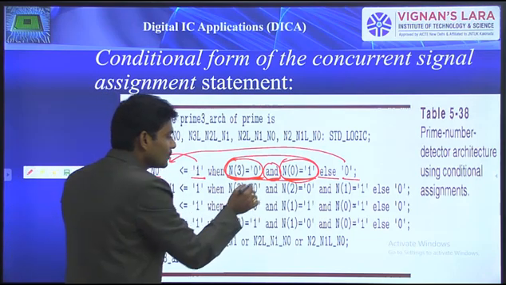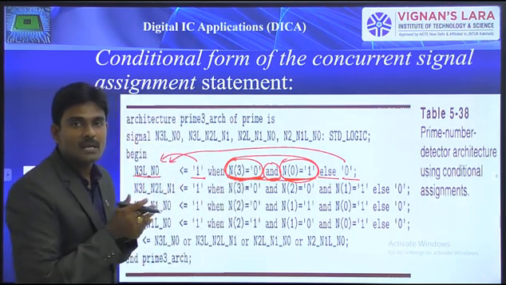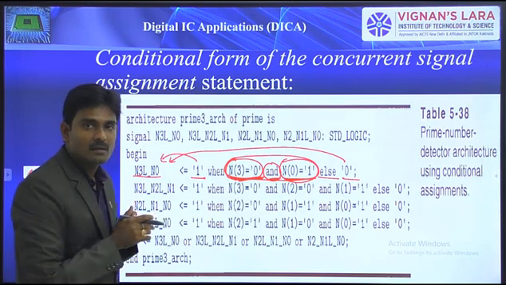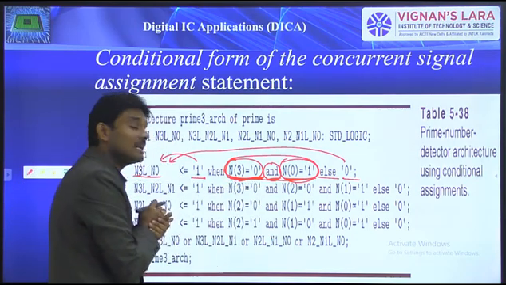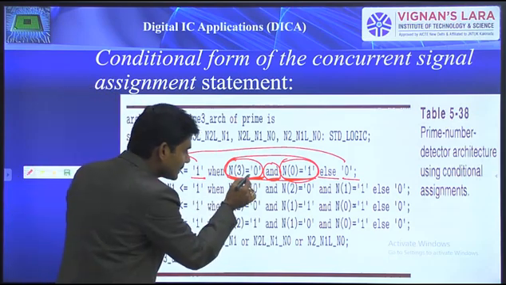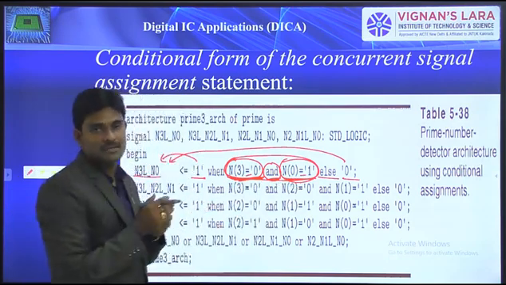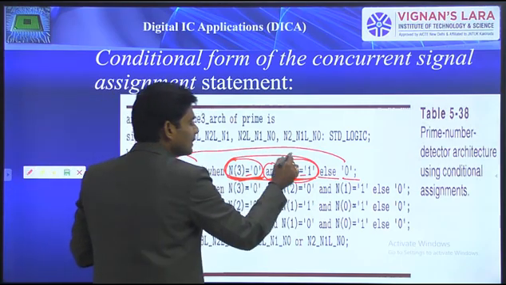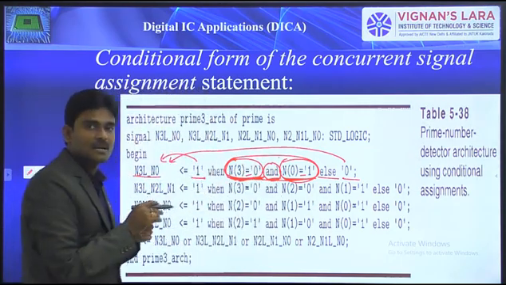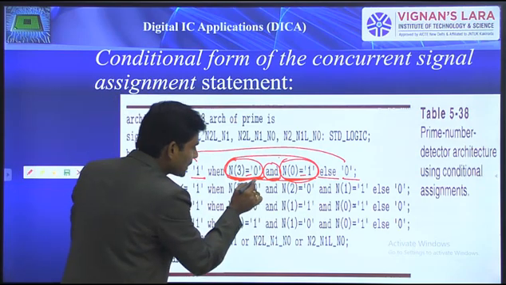Here we consider the Boolean terms to be the results of comparisons using the relational operator equals to. Based on this, the whole Boolean expression becomes true or false. How is it going to evaluate?